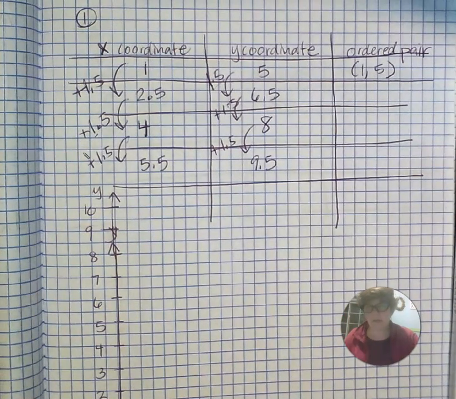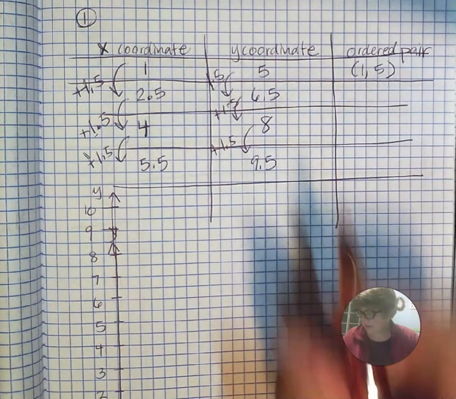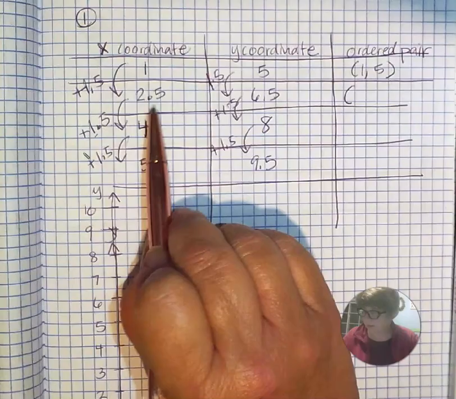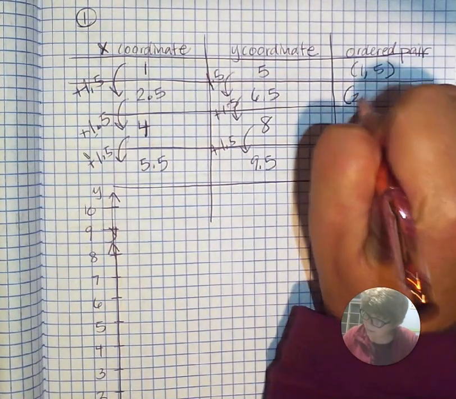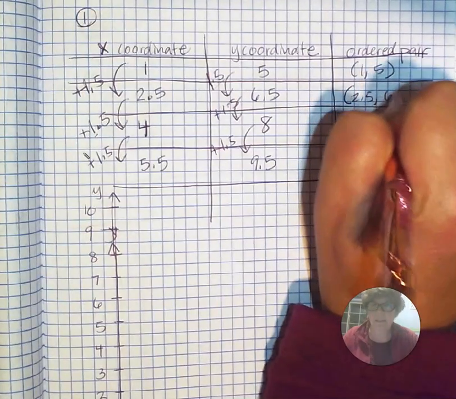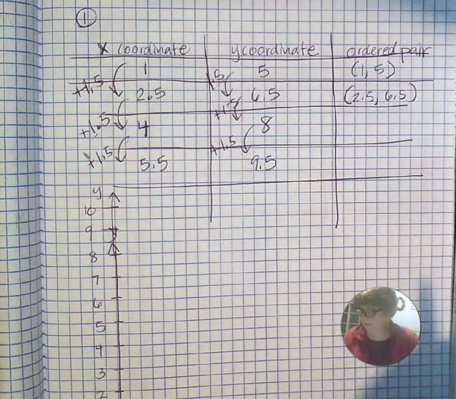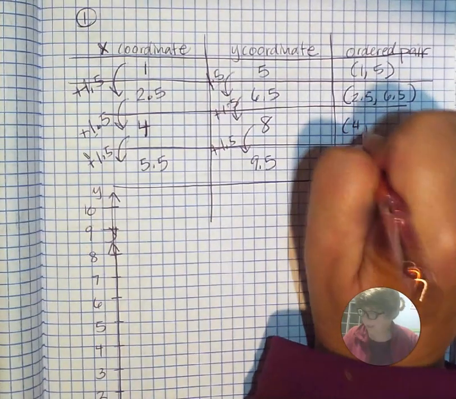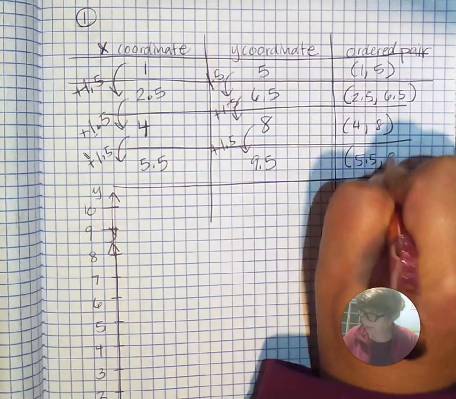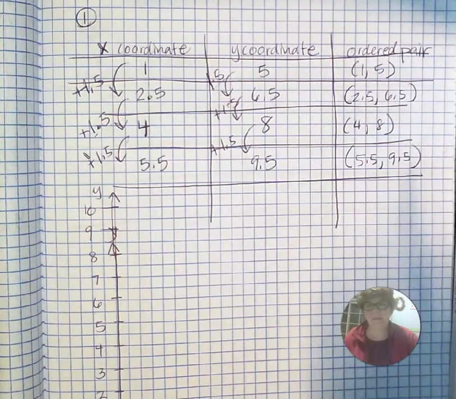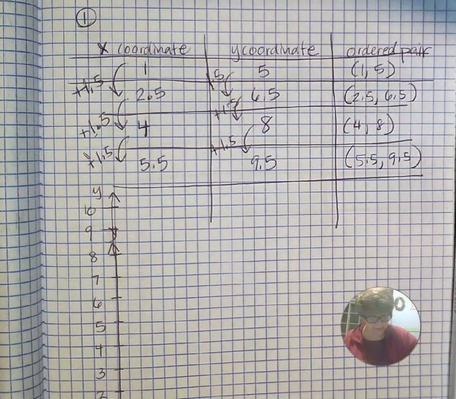Then we write our ordered pairs, copying our x's and y's: x 2 5/10, y 6 5/10; x 4, y 8; x 5 5/10, y 9 5/10. Got it? Okay, very good.